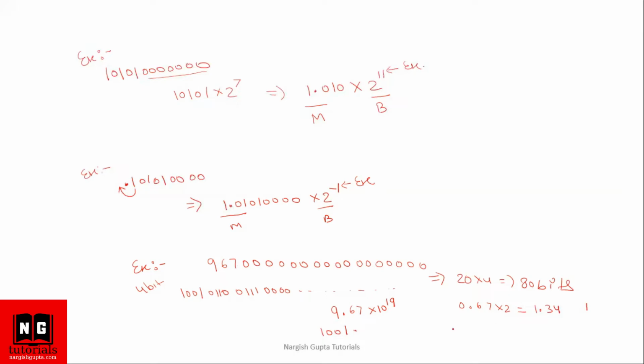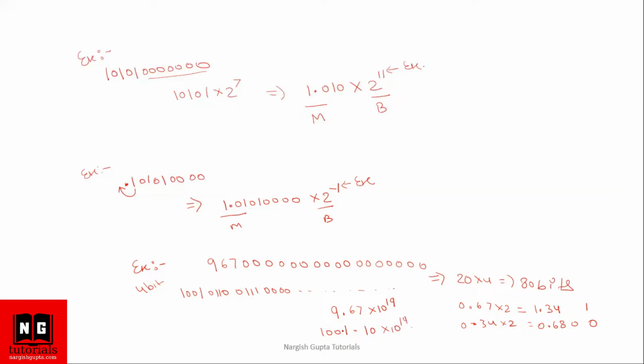So we will take 1 as part of our answer, and 0.34 we will again multiply by 2, and we will get 0.68 here, and 0 will be part of our answer. So we can continue it and get the answer. For example, I am just taking 1 and 0 here.